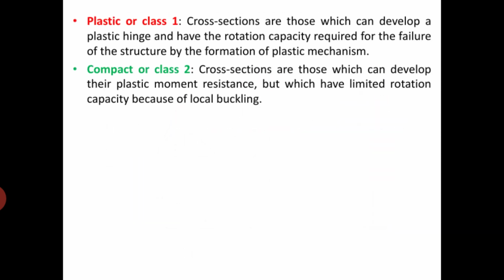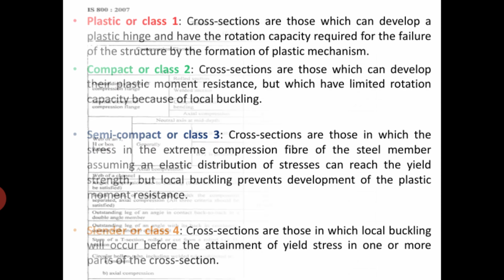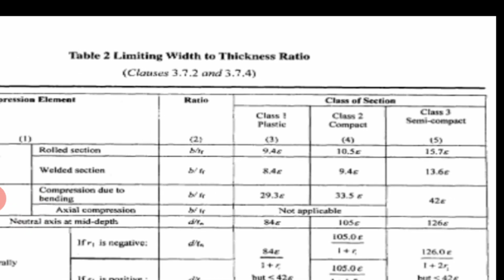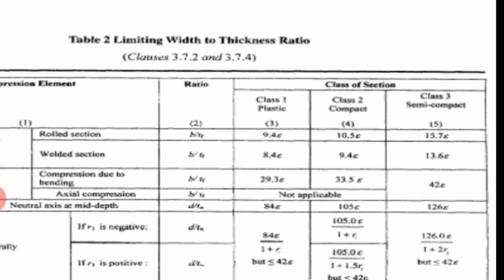So these are the three classes. This is the table given in IS 800 2007 for various elements or plates, showing how you can classify sections, whether it is a plastic section, compact section or semi-compact section.